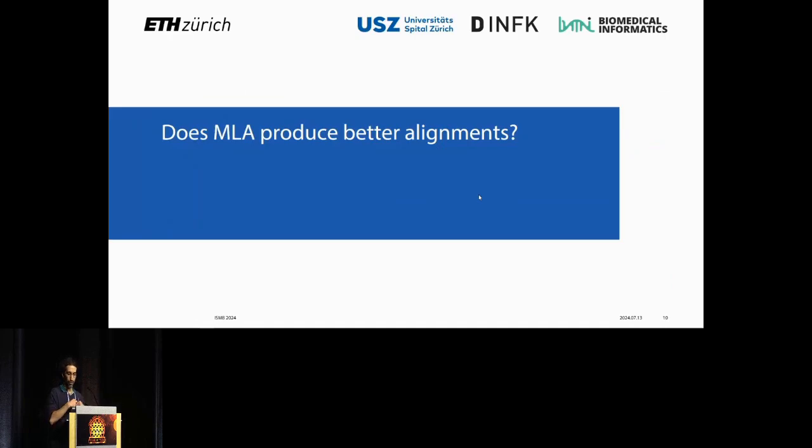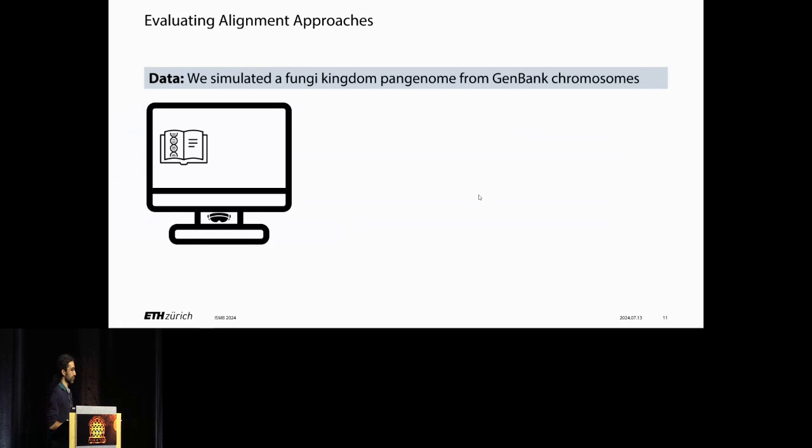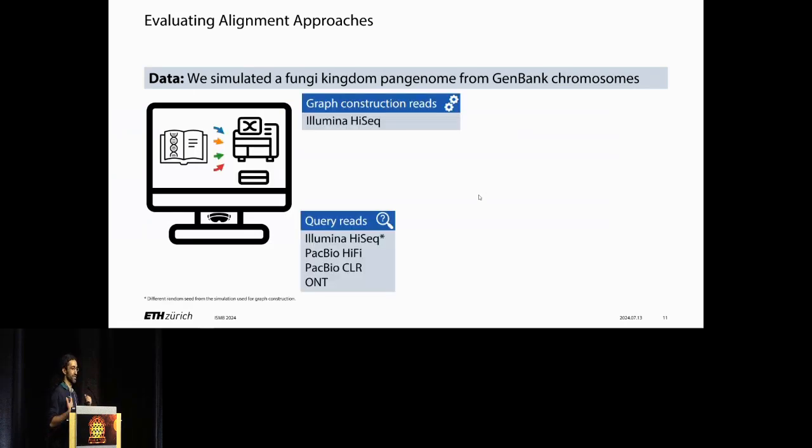So now we've introduced all of these changes and this new procedure for alignment. Now let's see how well this actually performs. So to do this, we simulate a fungi kingdom pangenome from GenBank chromosomes. So given a collection of chromosomes, we simulate reads from different platforms. So we have one collection of Illumina reads, which we use to create our simulated pangenome graph.